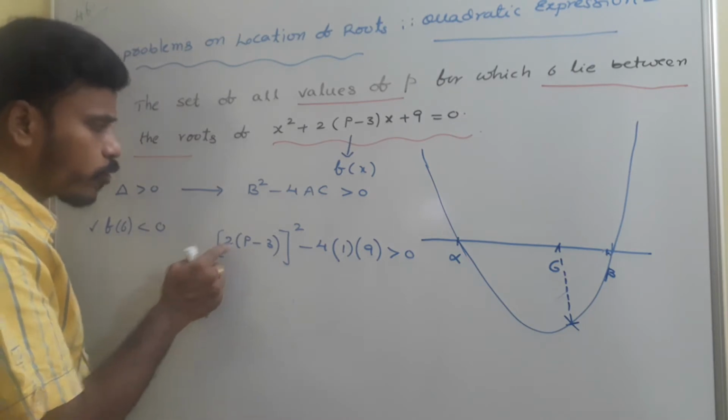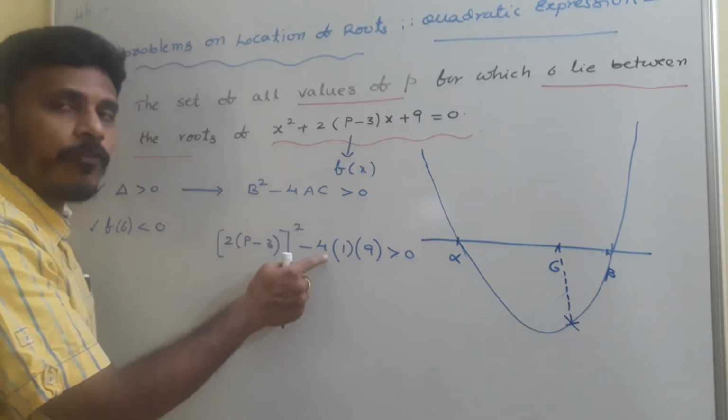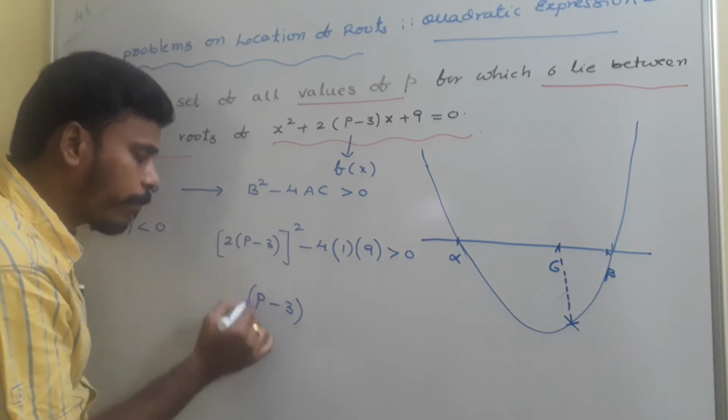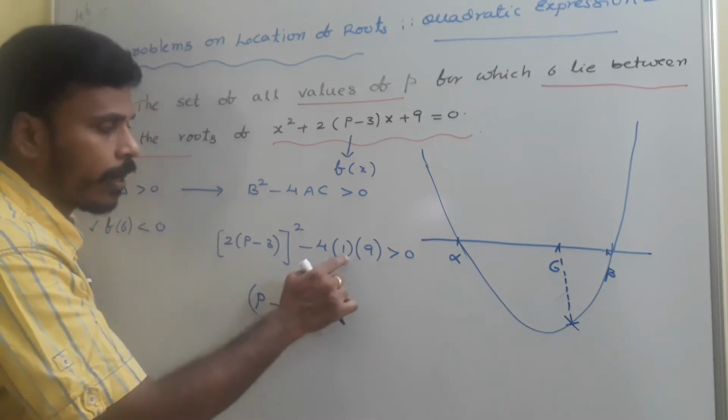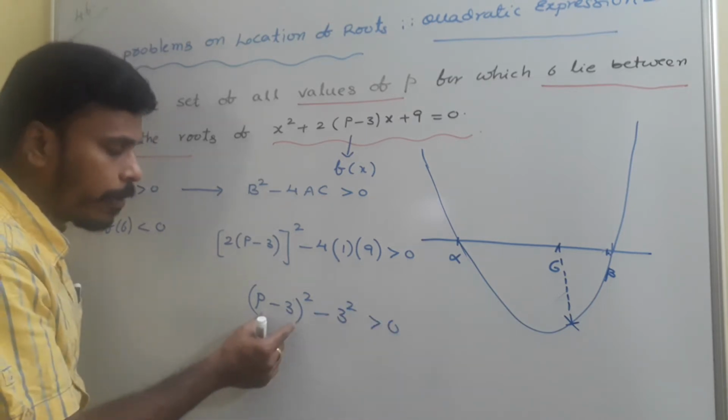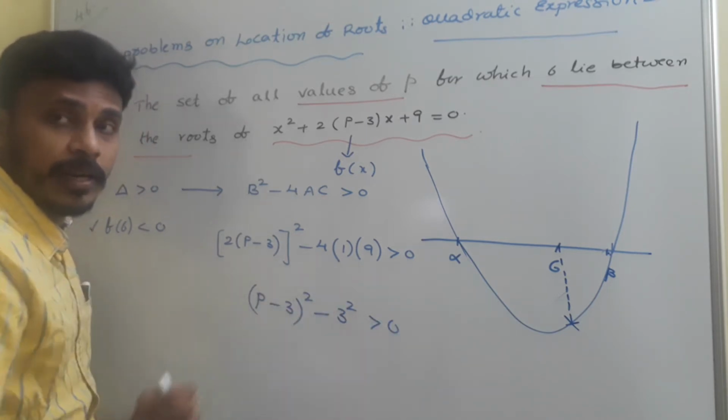Here 2 square is 4, and we also have 4, so just leave that 4. Then in the next step we have p minus 3 whole square minus 9. 9 is 3 square, greater than 0. So p minus 3 whole square minus 3 square greater than 0.